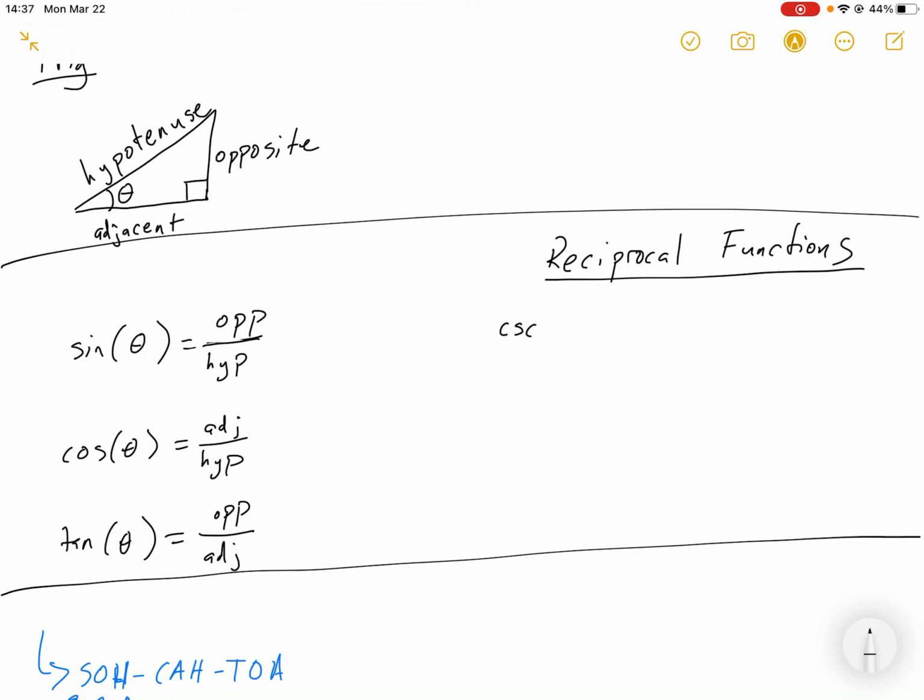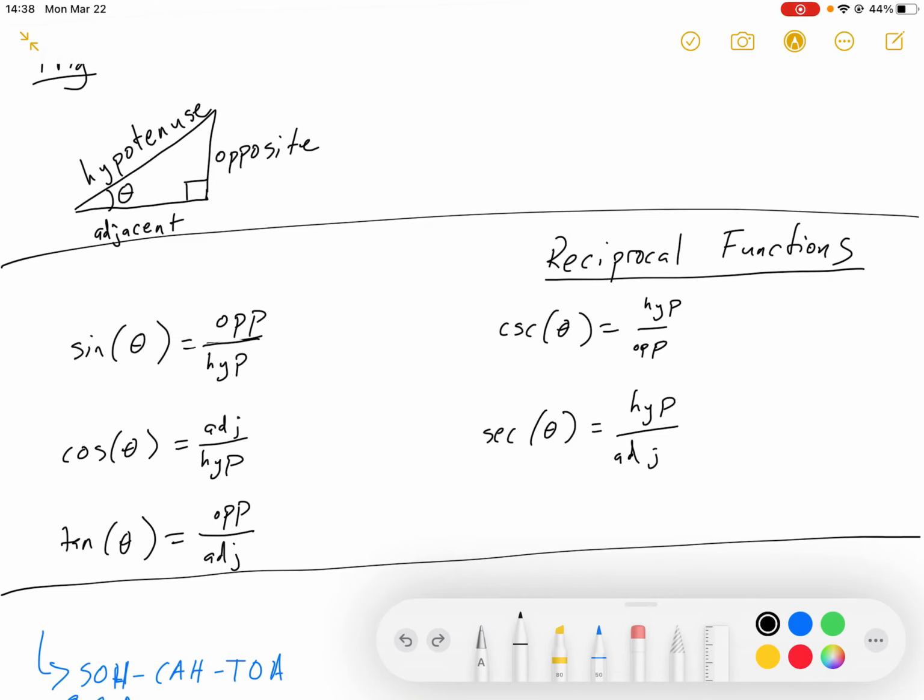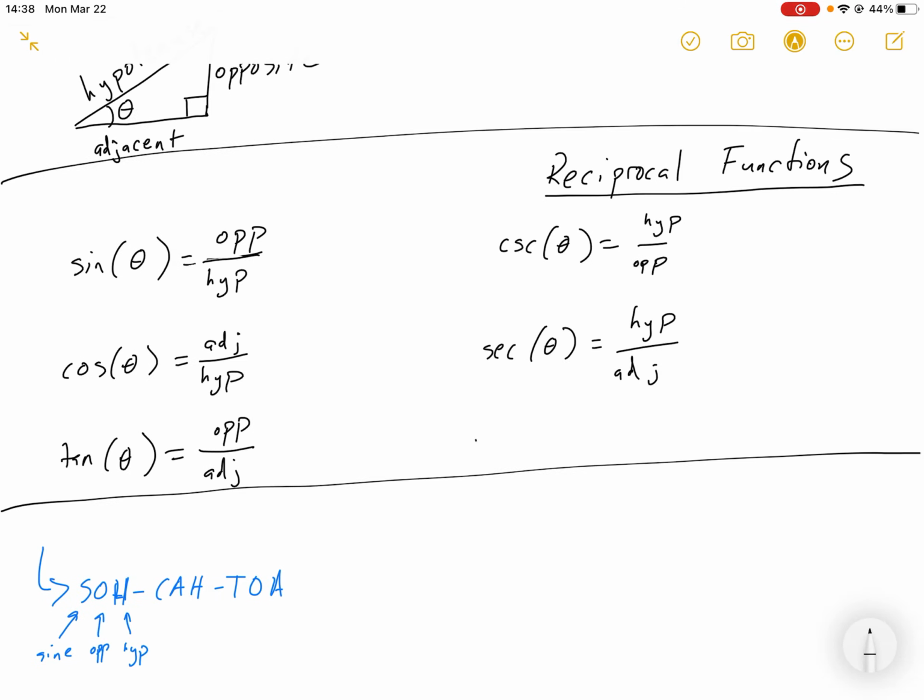So if you see CSC of theta, you take your fraction and do the reciprocal, so this would be hypotenuse over opposite. Cosine goes with secant of theta, and I'll spell all of these out in just a moment. And so I'm really just taking these fractions and I'm just taking the reciprocal there. And then tangent has cotangent of theta.